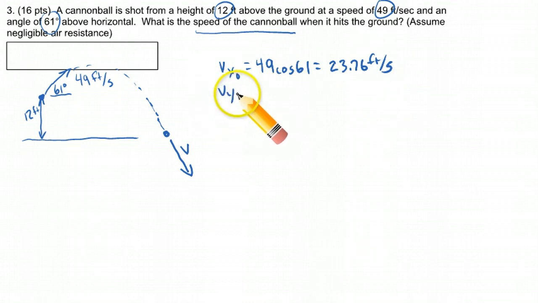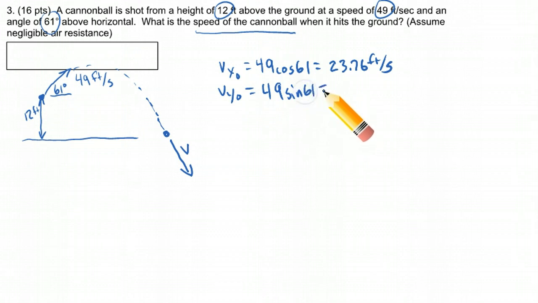Velocity in y initially, 49 sine 61, is 42.86.